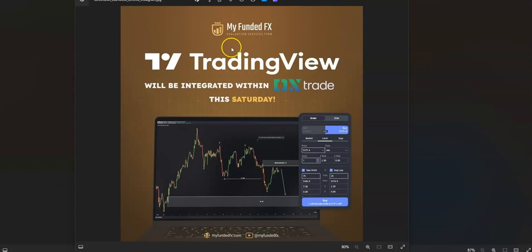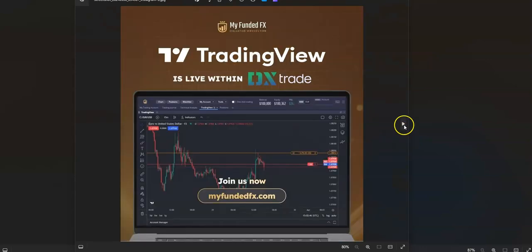So just announced, for instance, My Funded FX, which many are now picking as one of their top 3 prop firms, among those that review prop firms all the time. They're adding the ability to operate on the TradingView platform, and it's integrated with DX. And now that's completed. They've just announced it's now live. So you're going to see a lot more of this going forward.